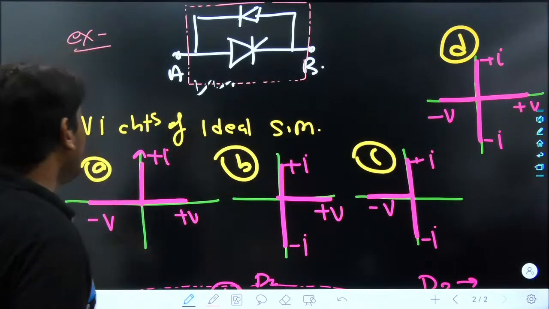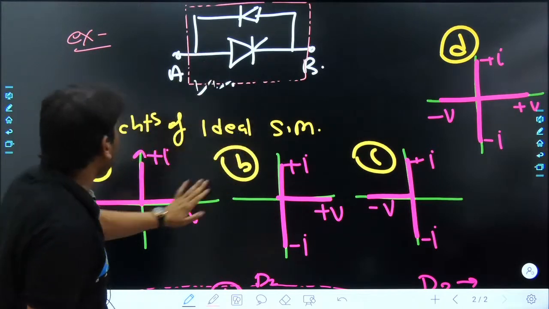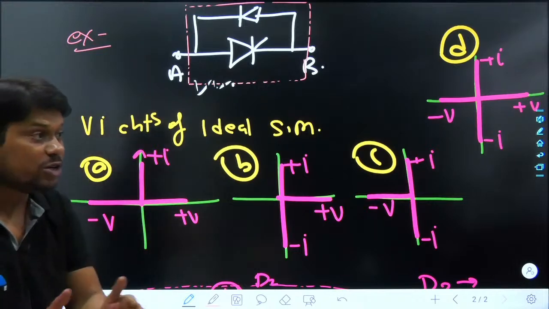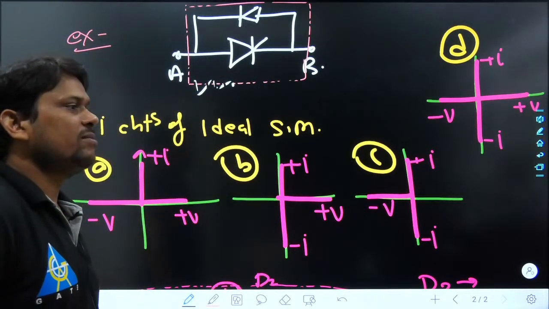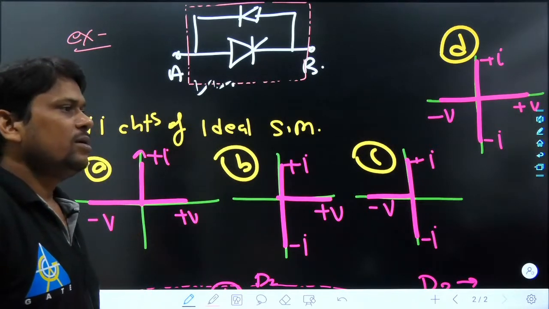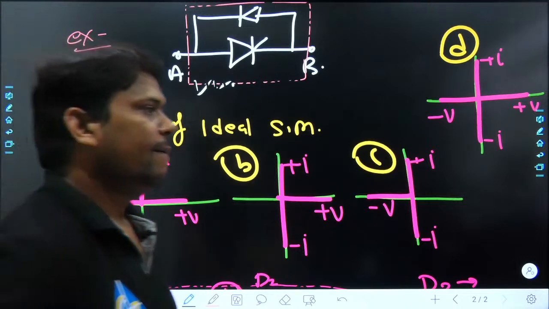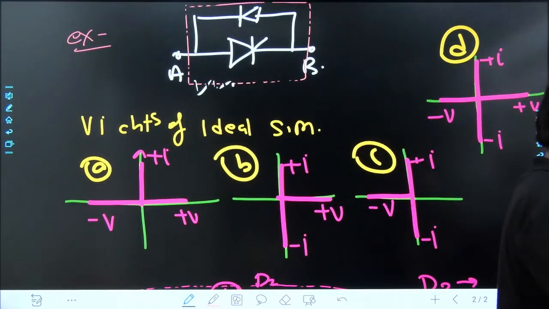Now please, dear, first try to understand the VI characteristic of this switch module, then tell me which option can be correct according to the VI characteristics. Yeah, option B, very nice. Any other thoughts, dear?